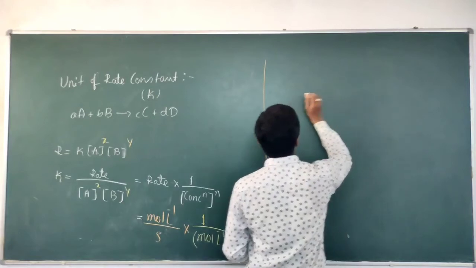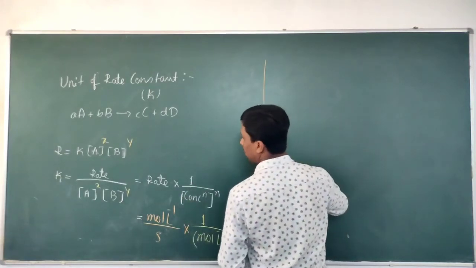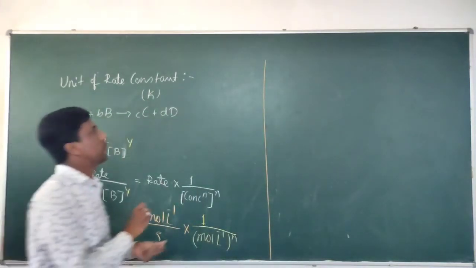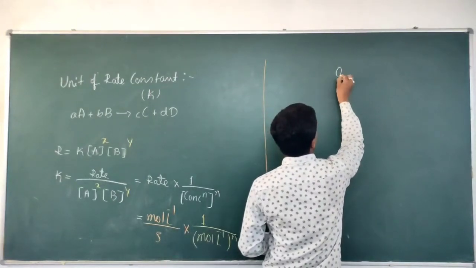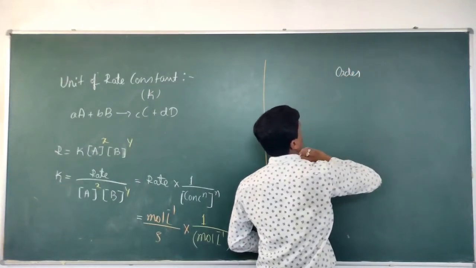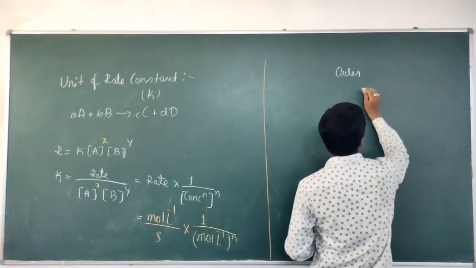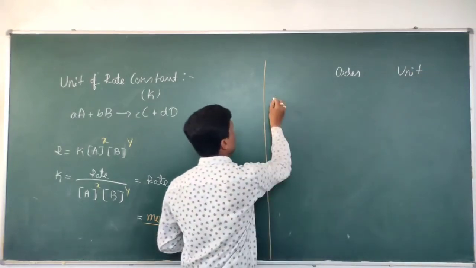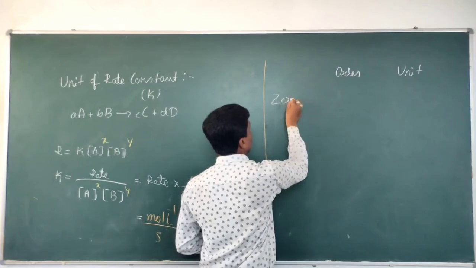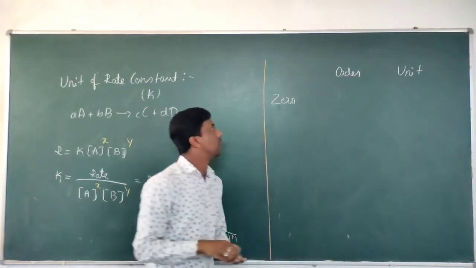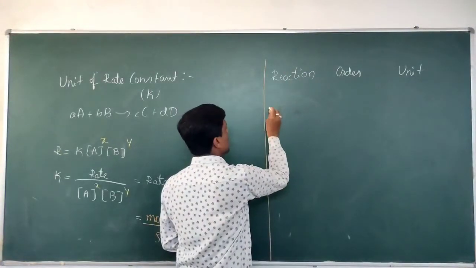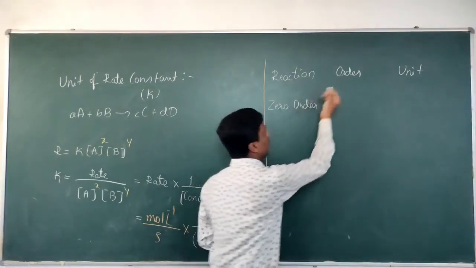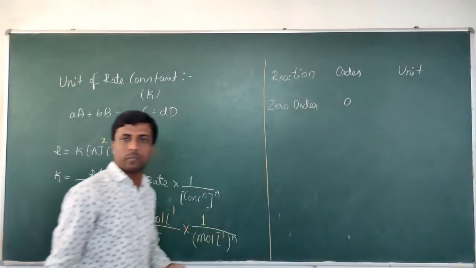Okay, here consider a column, that is order of reaction, and unit. Here, let us take zero order reaction first. For zero order reaction, n is 0.